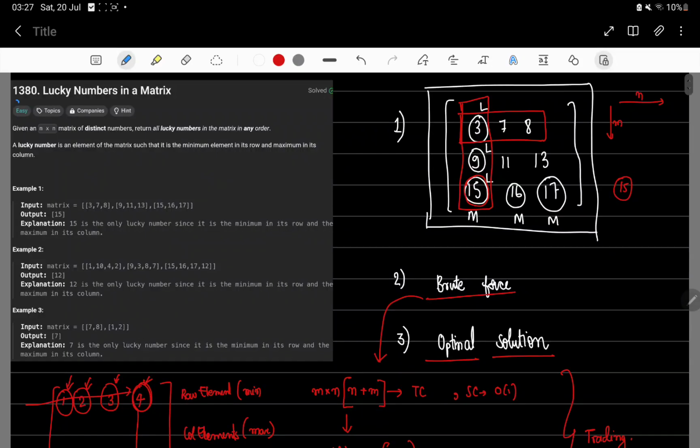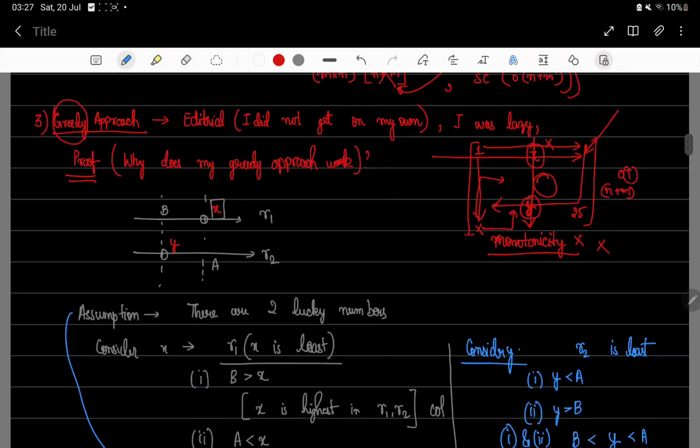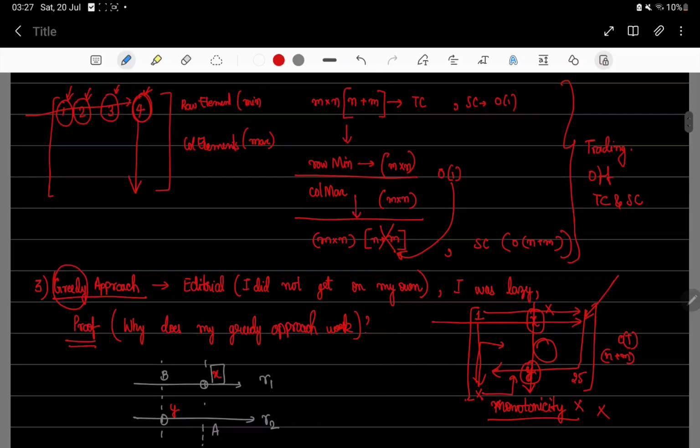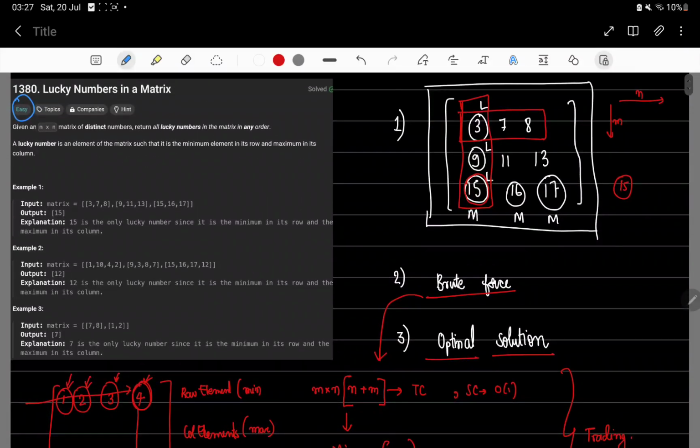It is marked as easy, but getting this intuition, I did not get it. So I'm not that great at DSA. I'm still learning, but yeah, an eye opener again, that easy problems are the hardest ones. Also when you go to Leetcode, the easy problems have the best editorials in my opinion, and the hard problems have the worst editorials.